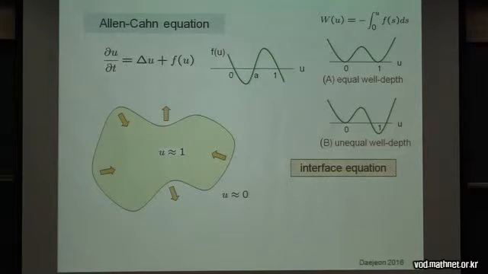And for this Allen-Cahn equation, the original Allen-Cahn equation is when this area and this area are the same, which is called a balanced case, balanced nonlinearity.